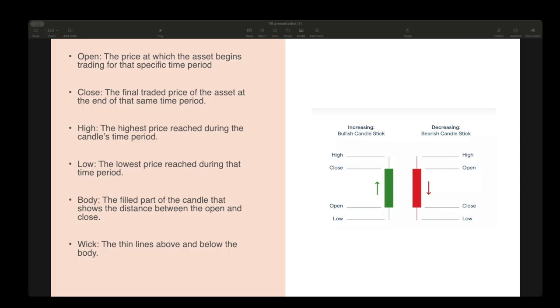A filled green candlestick means that price closed above the previous day, right? So technically it's still green. However, it closed below where it opened on the day, right? So for example, if we gap up 1%, and then we end the day up only 0.5%, that candlestick would be filled green.